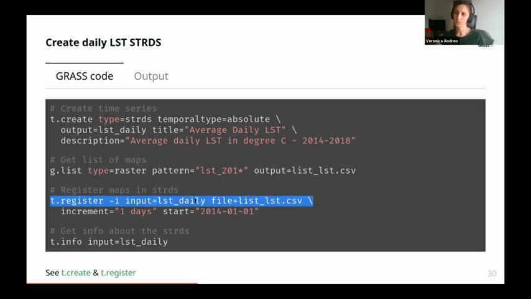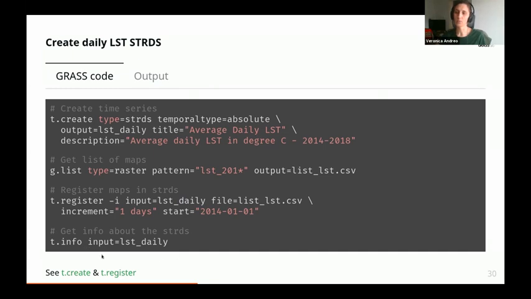We pass, of course, the table that we created here, the file with the list of maps, and we say, okay, it starts on January 1st from 2014, sorry, and the increment is 1 day. So according to the list of maps, it will understand which date it has to add to each map, okay?